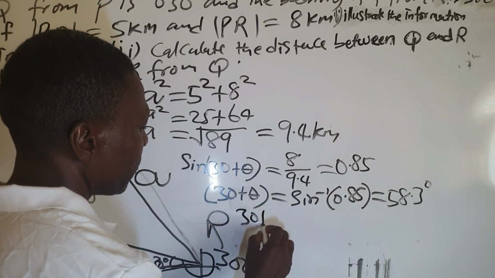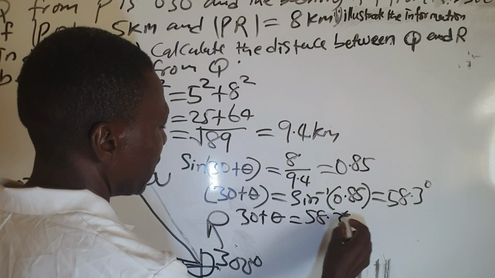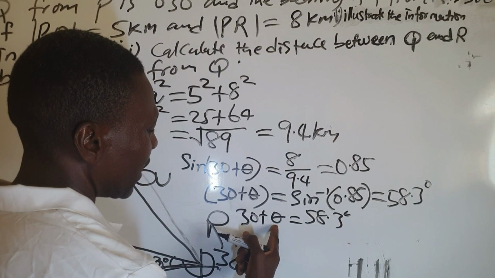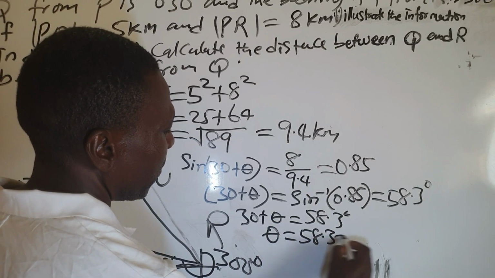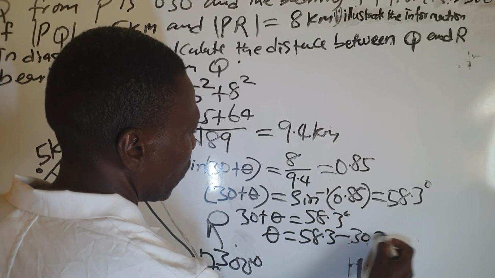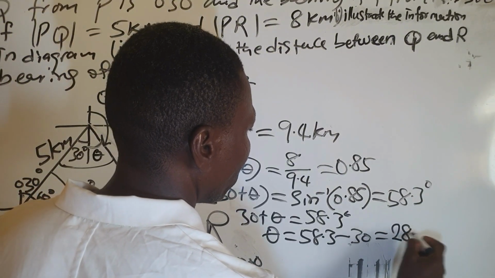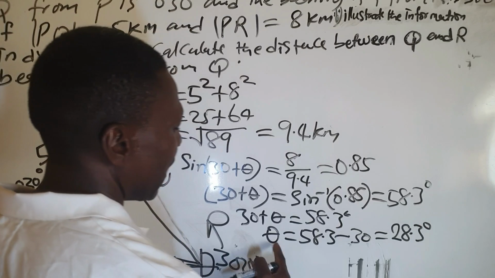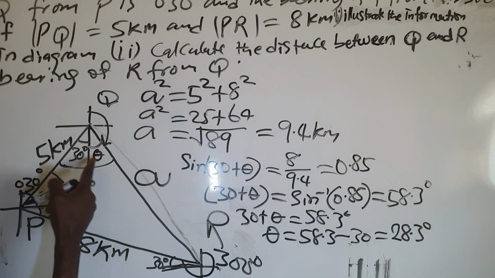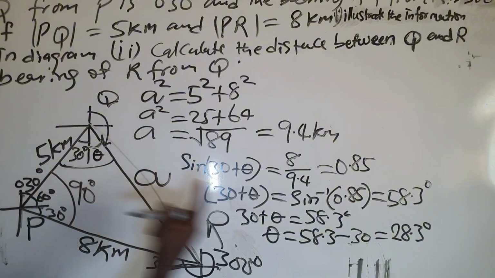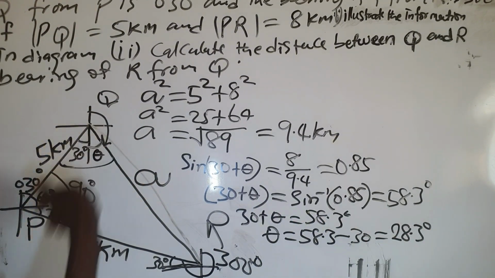Remember that 30 plus theta equals 58.3 degrees. Now let us make theta the subject of the formula. It will be theta equals 58.3 minus 30. What will remain? 28.3 degrees. That's the value of theta. So here will now be 28.3.